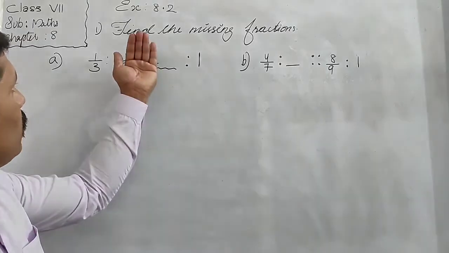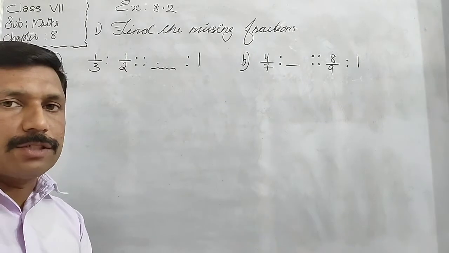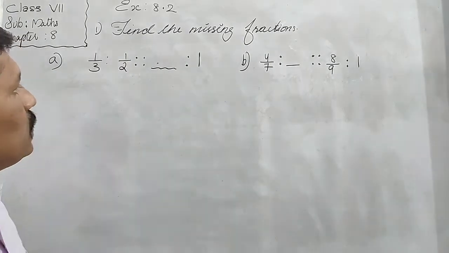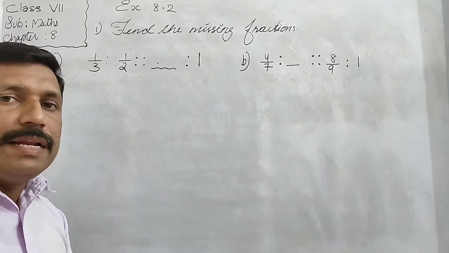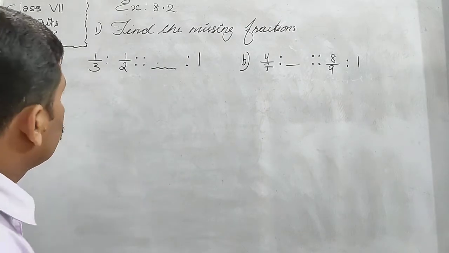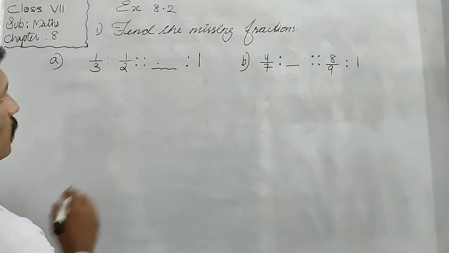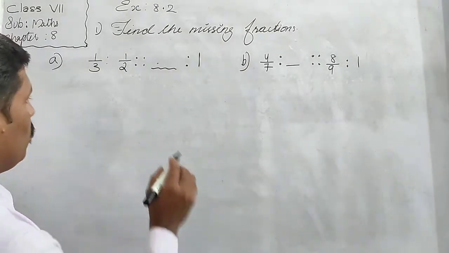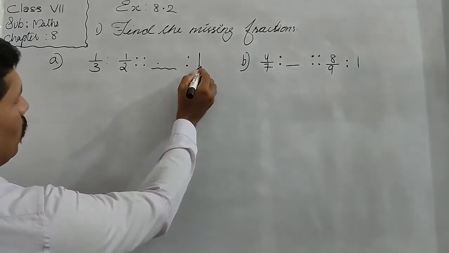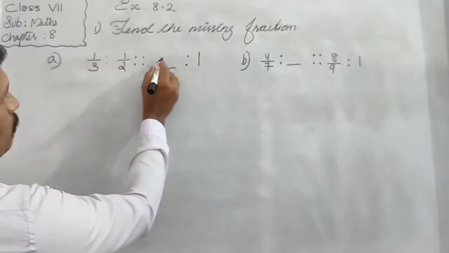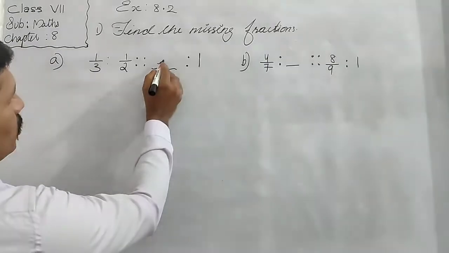First question, find the missing fractions. Here four quantities are given, they form a proportion, and one quantity is missing. You already studied that in a proportion the product of extremes will be equal to the product of means. Here the extremes are 1 by 3 and 1. In the place of the missing number, I write x.